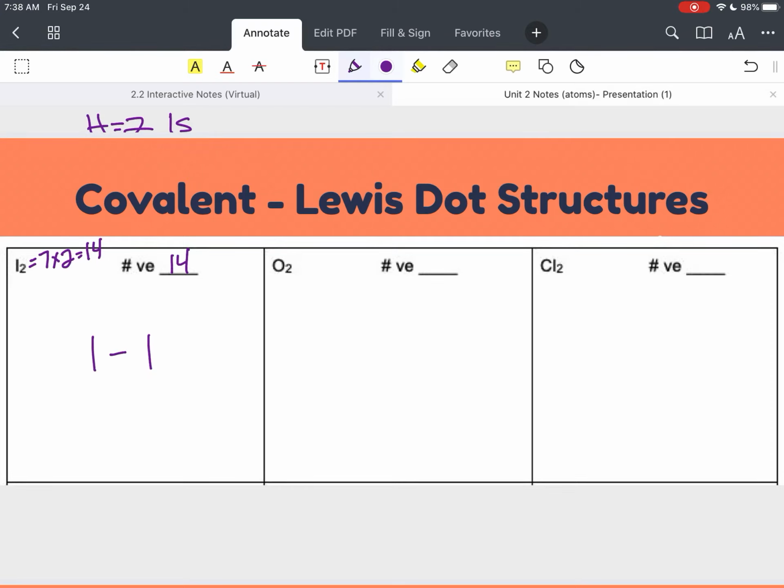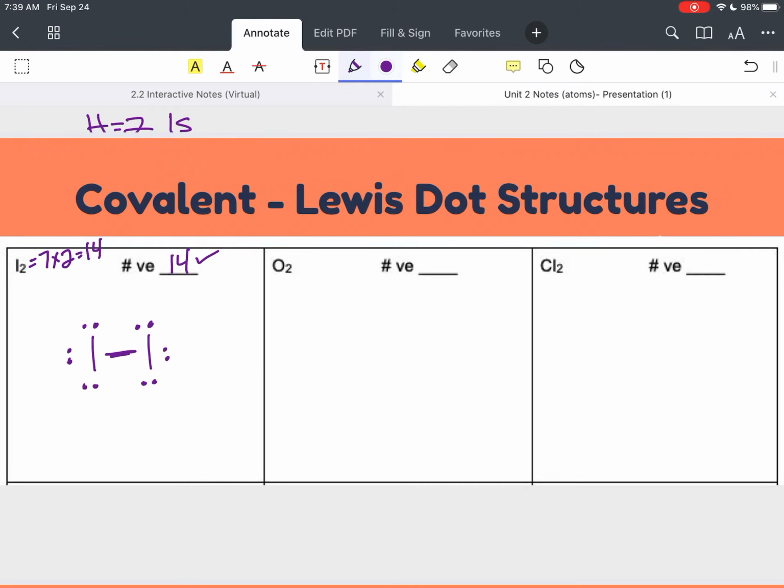So I'm just going to draw them connected to each other with one line, right? So this is 2 electrons. So now I'm just going to start adding my dots until I get to 14. So there's 2 in a line, 4, 6, 8, 10, 12, 14.